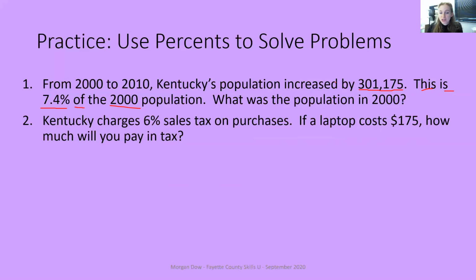So I see this is a percent kind of problem. Right away, I'm going to start thinking about setting up a proportion. So in this problem, do we know the percent? Yes, we do. It's 7.4.